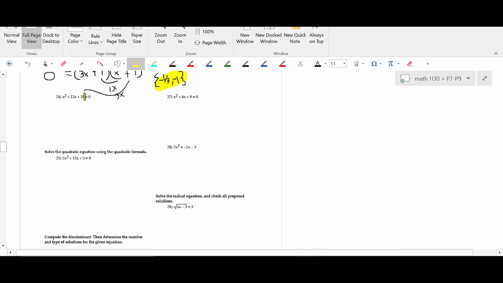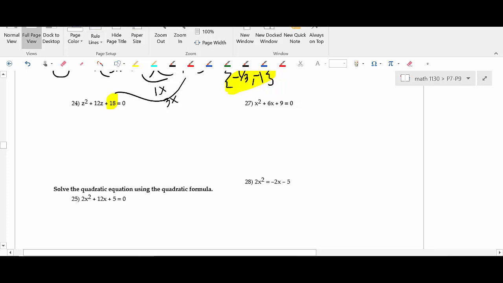So what did I say on complete the square that you have to do with the constant? That needs to be by itself on the other side. So your first step with this one would be to have z squared plus 12z equals negative 18. Now, what do you do with the 12?